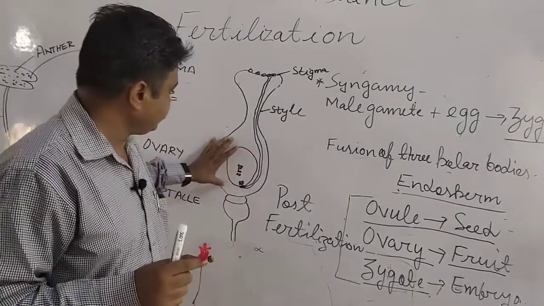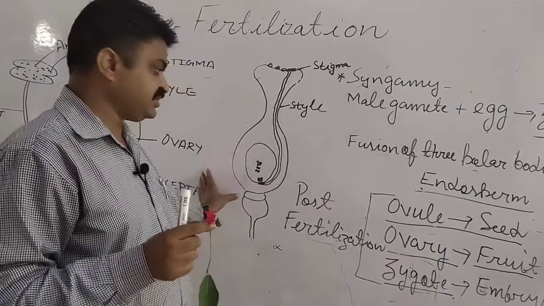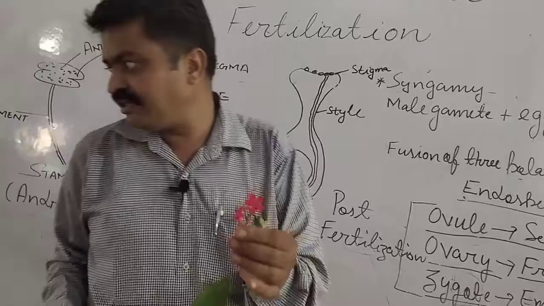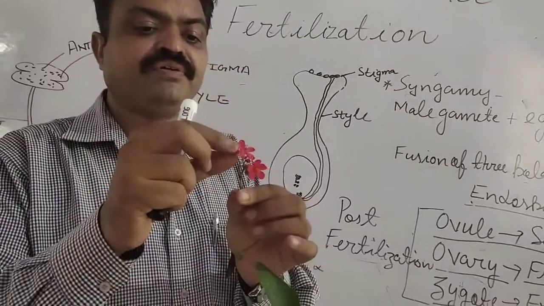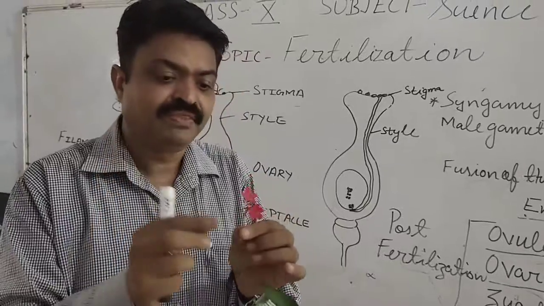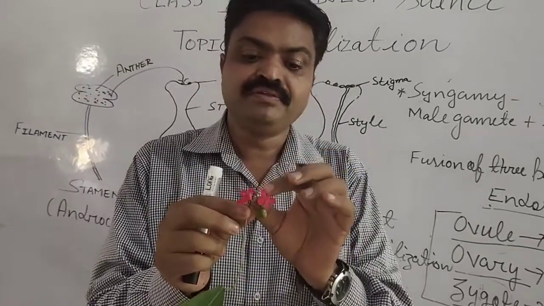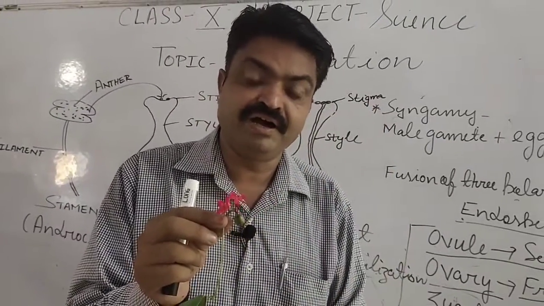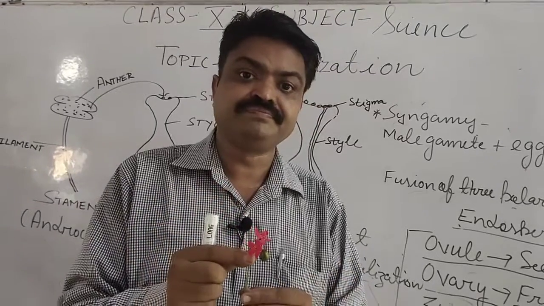Now there are many post fertilization changes that take place in this. The flower petals, also known as the corolla, means these colorful parts, are shed after the fertilization.